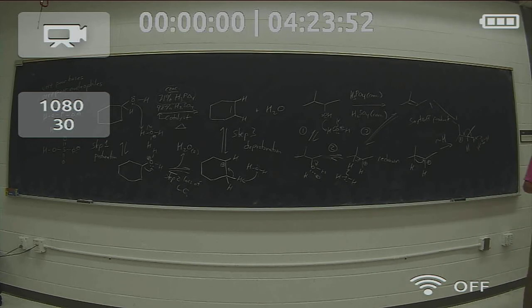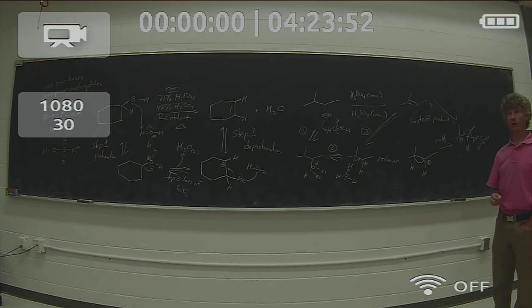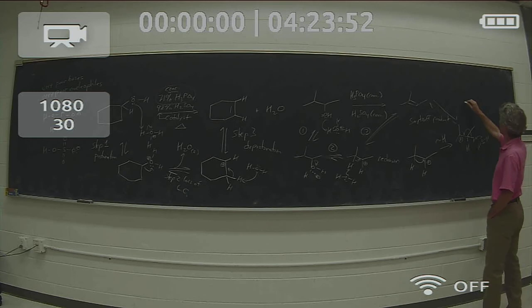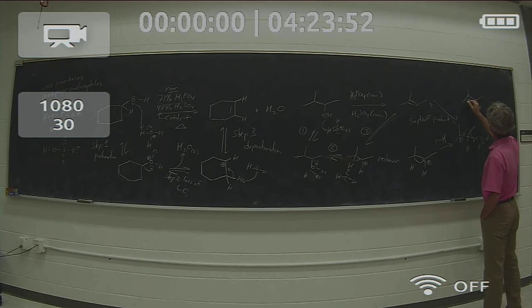You might predict that a third product that I didn't draw initially could form, because once you've had this hydride shift to generate the tertiary carbocation, there are now 6 adjacent hydrogens attached to the 2 methyl groups.